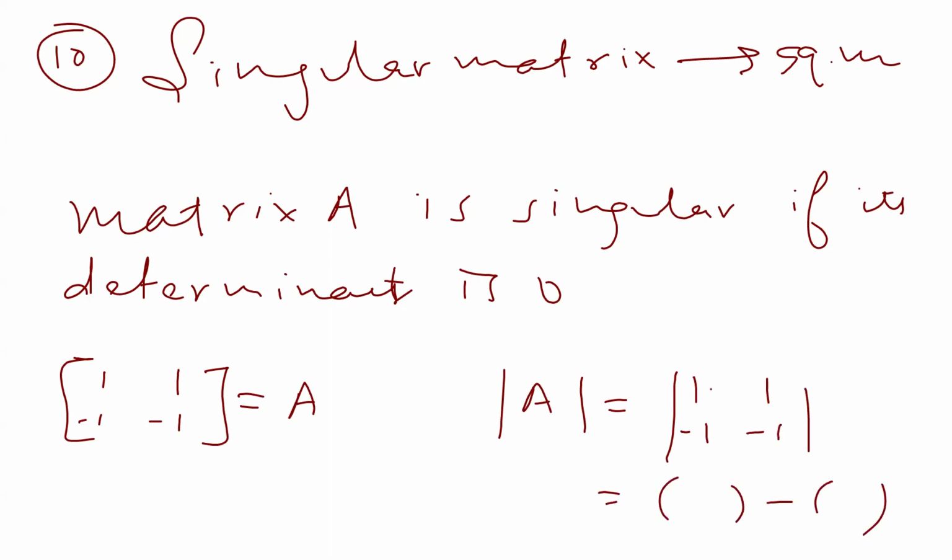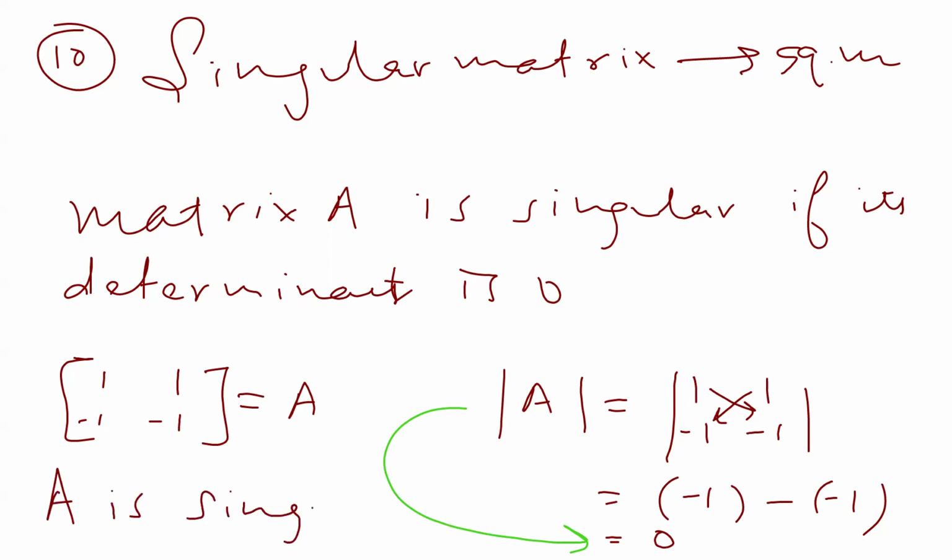Bracket minus bracket. 1 into minus 1, minus 1 minus 1 into this minus 1 is minus 1. Is the answer 0? The answer is 0. Determinant of this matrix is equal to 0. Now, since the determinant of this matrix is equal to 0, I will say matrix A is singular.